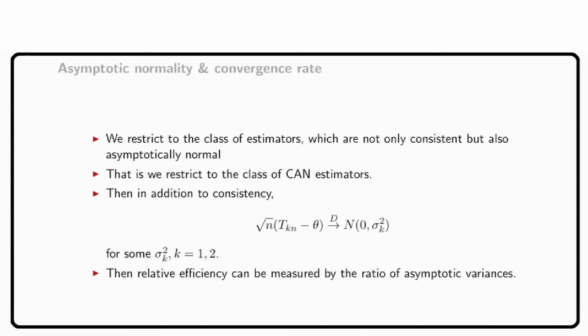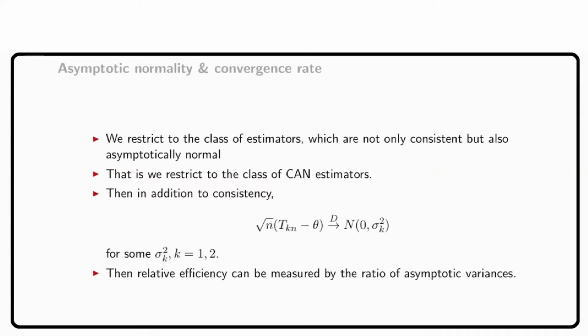Thus, we restrict to the class of estimators which are not only consistent but also asymptotically normal. That means we are concentrating on CAN estimators, that is, consistent asymptotically normal estimators, defined by the relation that Tkn minus theta has asymptotic normal distribution with mean 0 and variance sigma k square by n for some sigma k square, for k equal to 1 and 2.